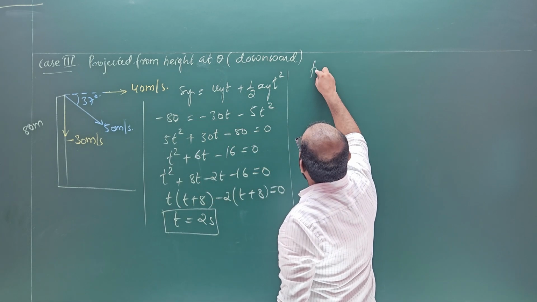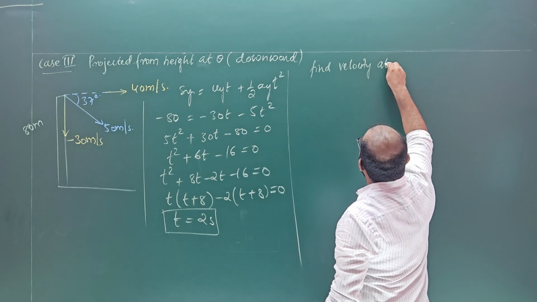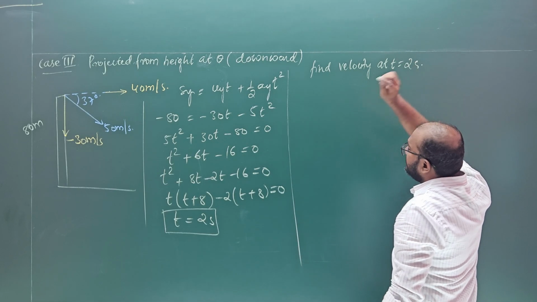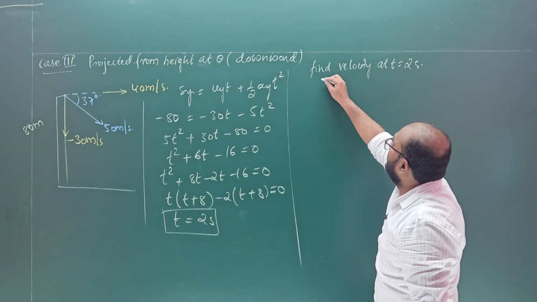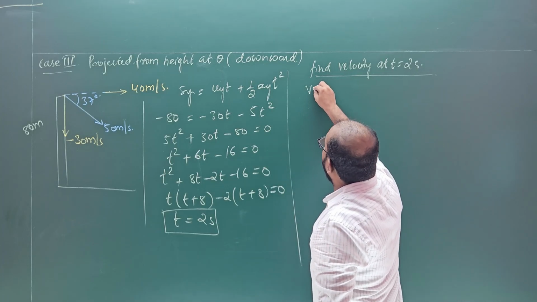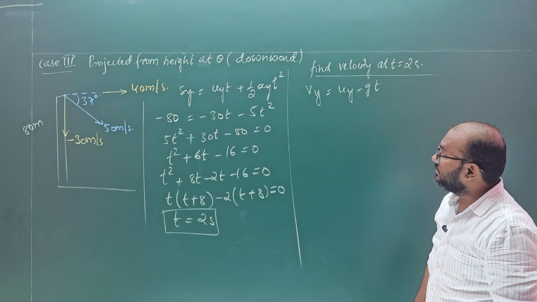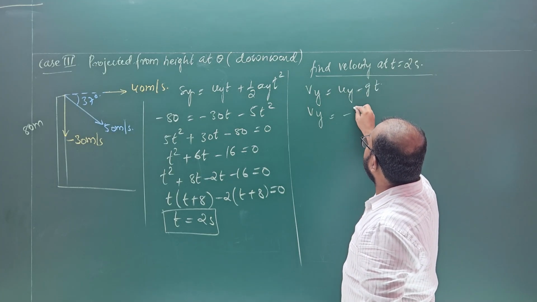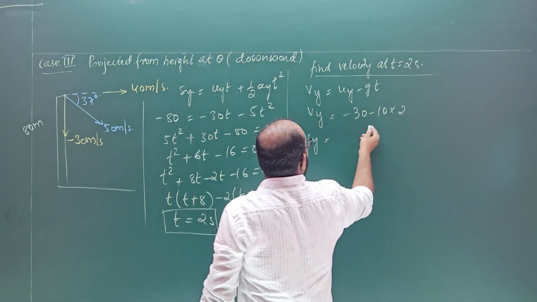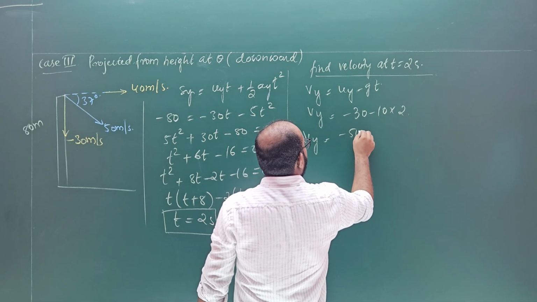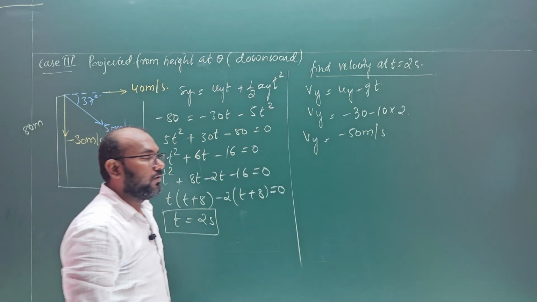Now finding the velocity at t equals 2 seconds. So Vy is nothing but Uy minus gt. Vy is minus 30 minus 10 into 2, so Vy is minus 50 meter per second.